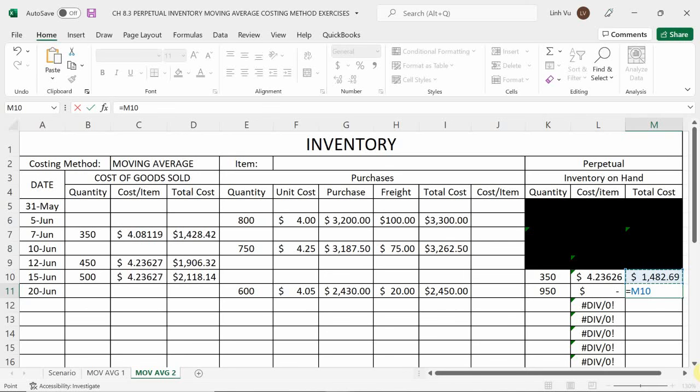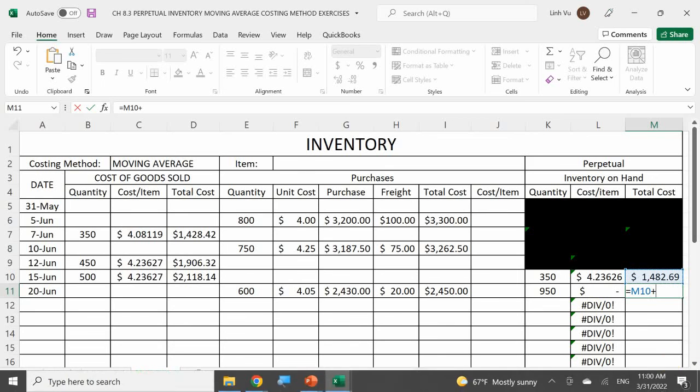We have a total cost of $1482.69, and we are adding 2,450 to give me my new total cost of $3,932.69.